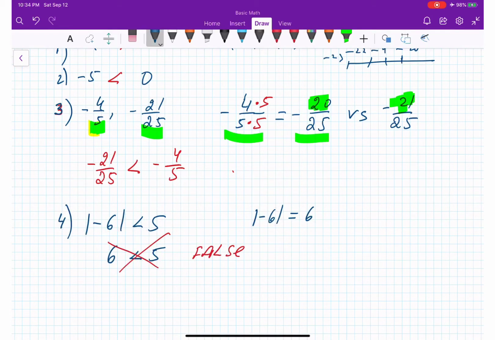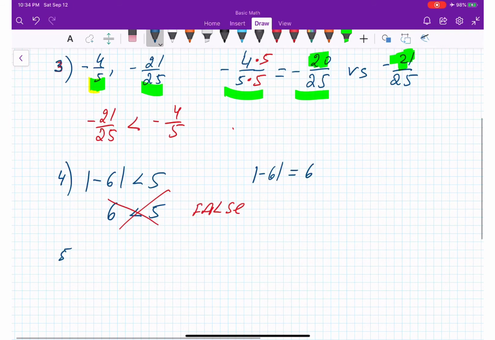Next question, number 5. We need to decide whether the statement 3 less than or equal to the absolute value of 3 is true or false. Is this true or false? Let's see.